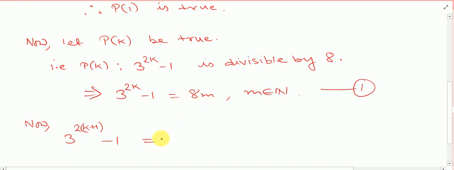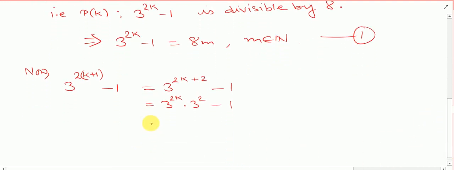Okay, so here this becomes 3 to the power 2k plus 2 minus 1. Next this will become 3 to the power 2k into 3 square minus 1, and 3 square means 9.